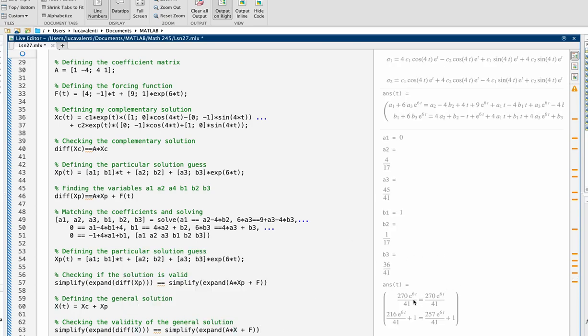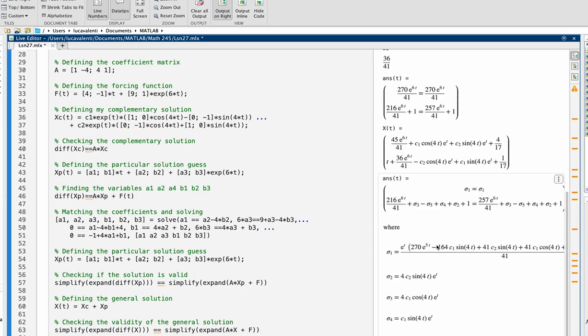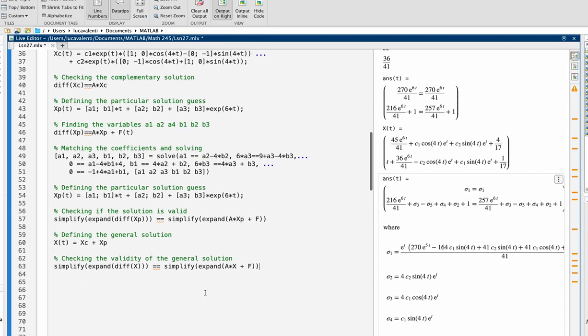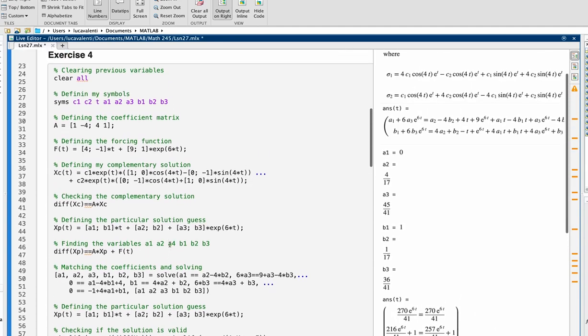And we want to see if we get equal, equal. So MATLAB is doing the work. Now we got equal, equal at the top and equal, equal at the bottom. So we're confident that we did our problem correctly.